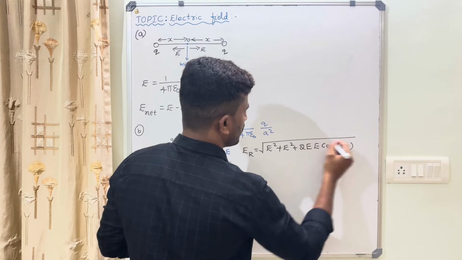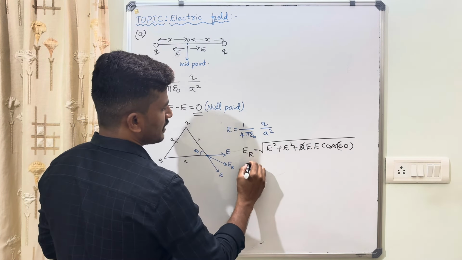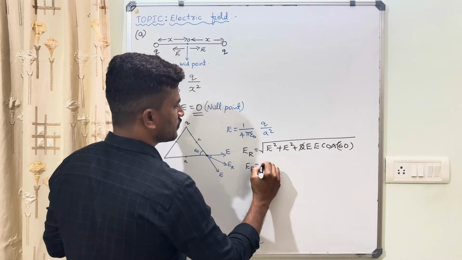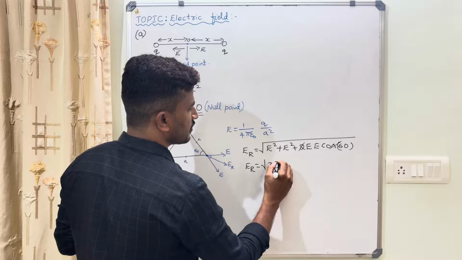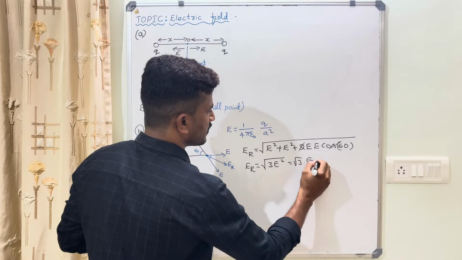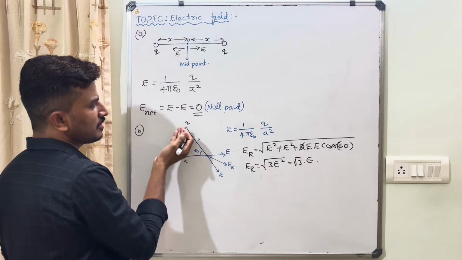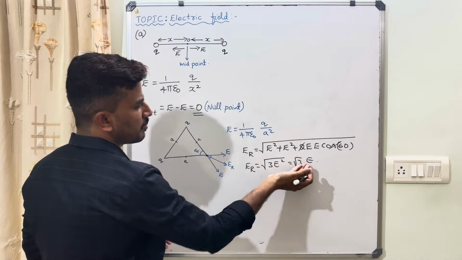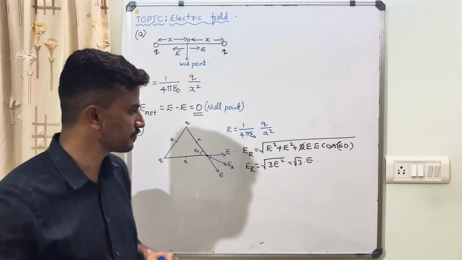Cos 60 is 1 by 2, so 2 and 1 by 2 get cancelled. So E resultant is equal to E square plus E square plus E square, which is 3E square. That is root 3 E, your answer. If the Q value and A value are given, substitute and multiply by root 3, you will get the answer. Simple as that.